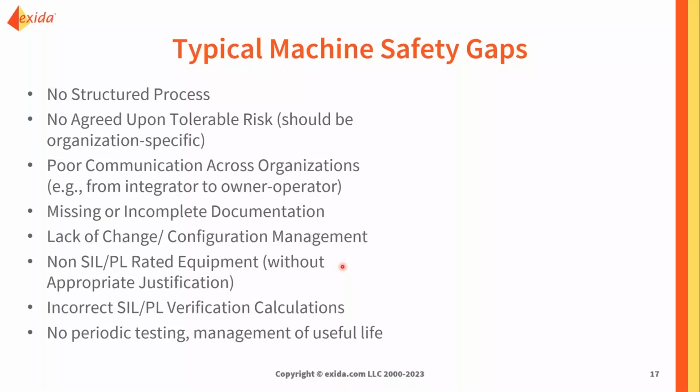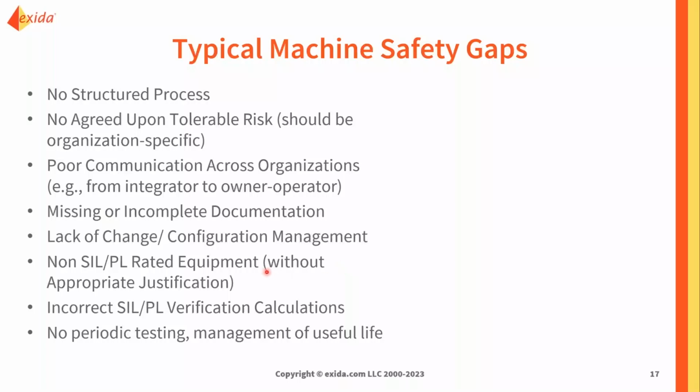Some other ones in terms of the specific safety function implementation, having non-SIL or PL rated equipment without providing the appropriate justification, basically demonstrating that the systematic capability is sufficient for the system, similar to a proven use justification in the process industry. There are some design principles and practices that need to be followed, that need to be validated.